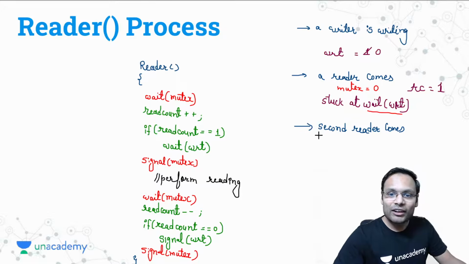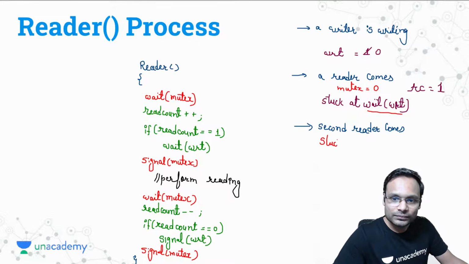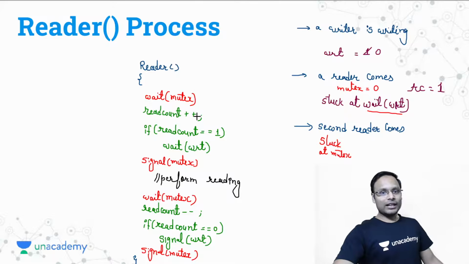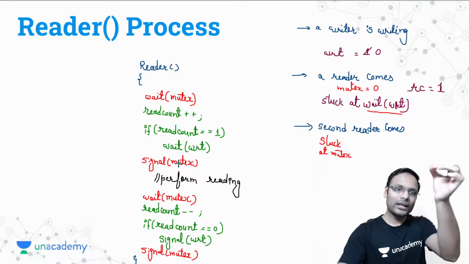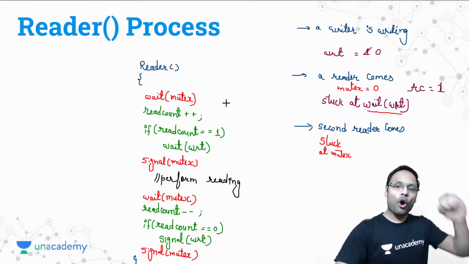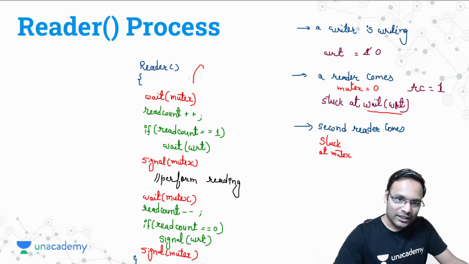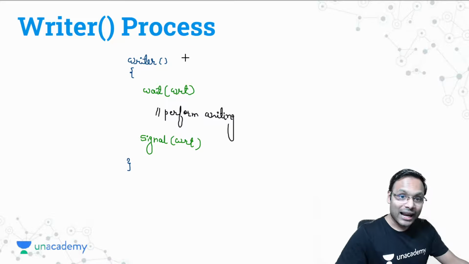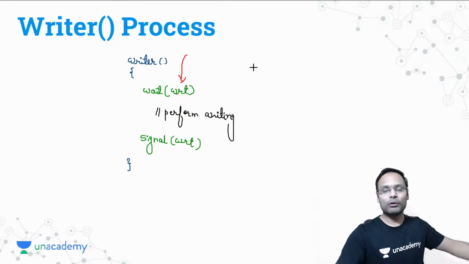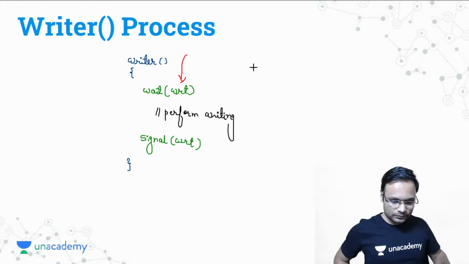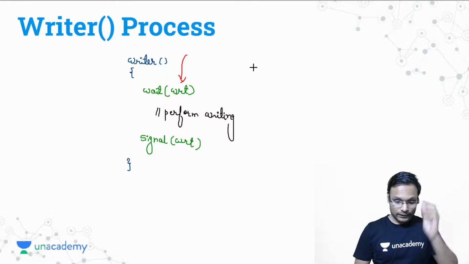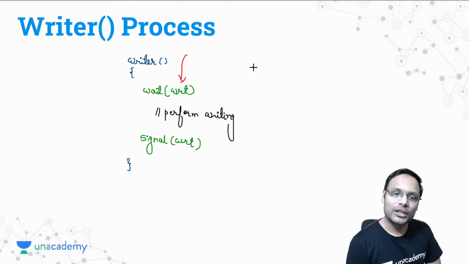That second reader will be stuck at mutex until the first reader goes out and signals mutex; only then can another reader go inside. All further readers will be stuck here, and all the writers coming will be stuck here. Nobody can go ahead. Understood that?